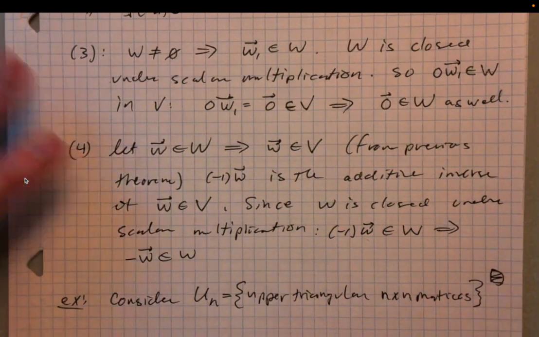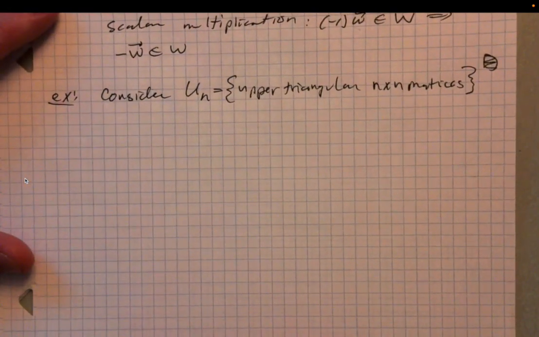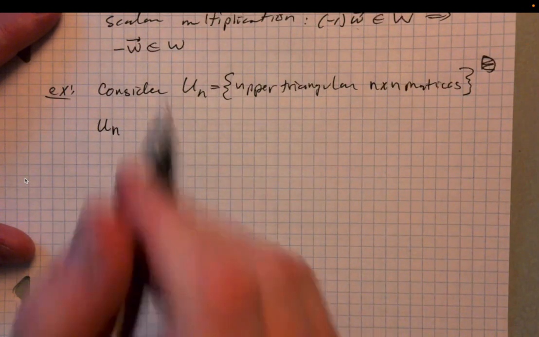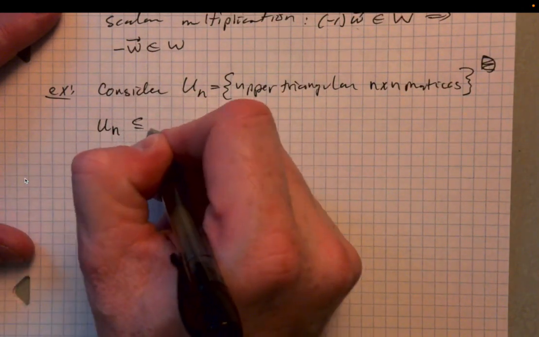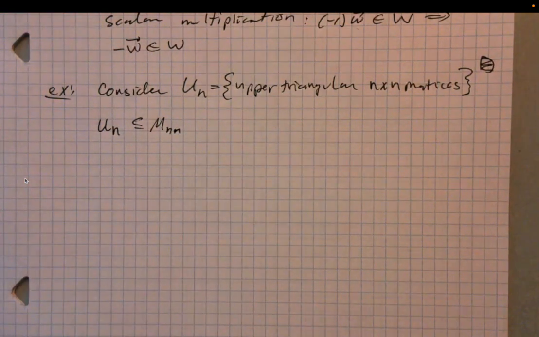Clearly U_n is a subset of M_n. So it's a subset of n by n matrices. Not every n by n matrix is upper triangular, but every upper triangular n by n matrix is an n by n matrix.